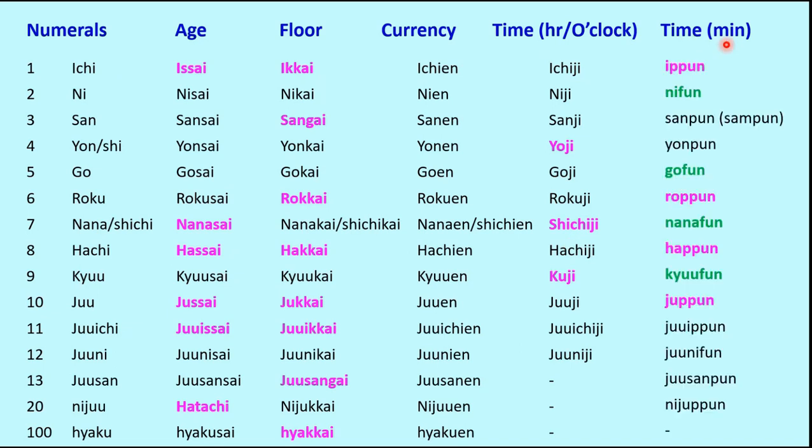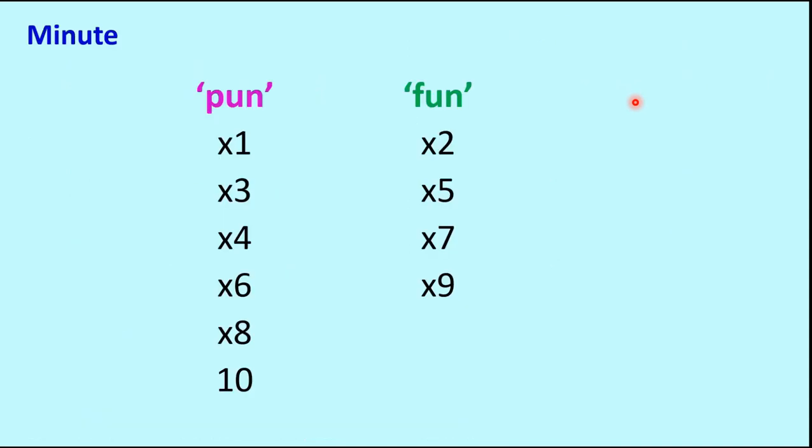So this is the detail for time in minutes. These are counters. First, for numeral 1, which is 1 minute, it will be ippun. Then 2 minutes will be nihun. So this is again from this table.